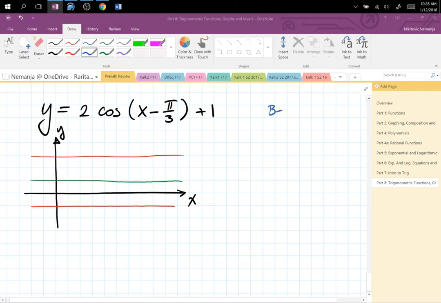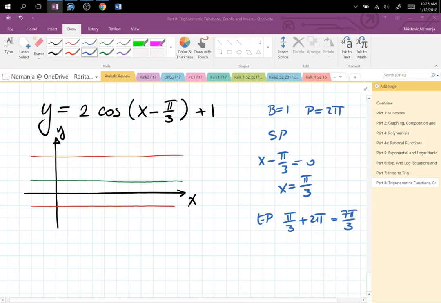The b is equal to 1, so period is 2 pi still. The start point is x minus pi over 3 equals 0. X equals pi over 3. And then end point is pi over 3 plus 2 pi. So that's 7 pi over 3. So if I call this pi over 3, so that's 1, 2, 3, 4, 5, 6, 7 pi over 3.